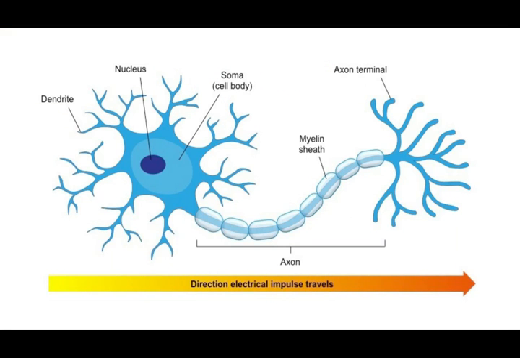So, here in this picture, we've got a picture of a neuron. We've already gone over all these structures in your notes and identified these important structures. As you can see, this arrow on the bottom is showing you the direction of that action potential, or the electrical impulse, as it travels down a neuron.